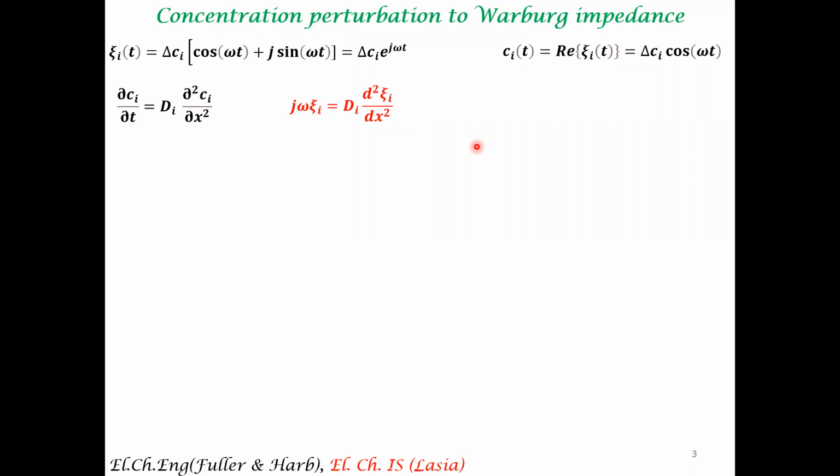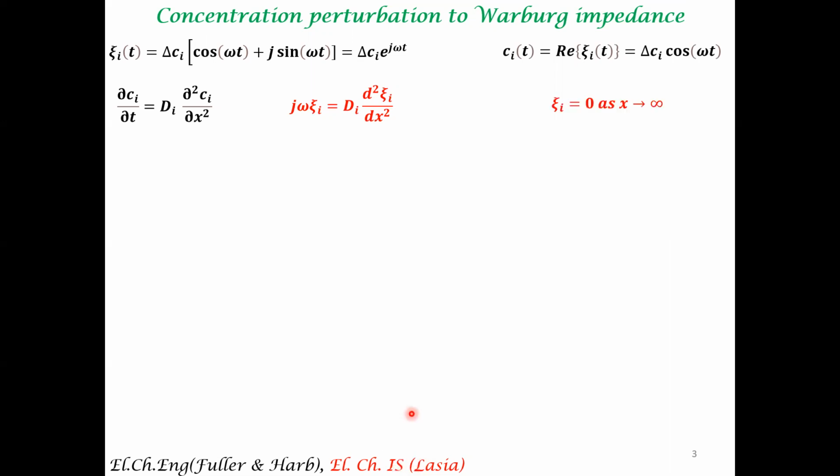If you want to know more details about these derivations and a few other similar systems, you can go through this book. It's a very clearly written book. It's a very specialized book as opposed to Fuller and Harb's book, which covers a lot of material, which is a good book as a textbook. This is a specialized book on impedance spectroscopy. So a lot of the details are provided in this book.